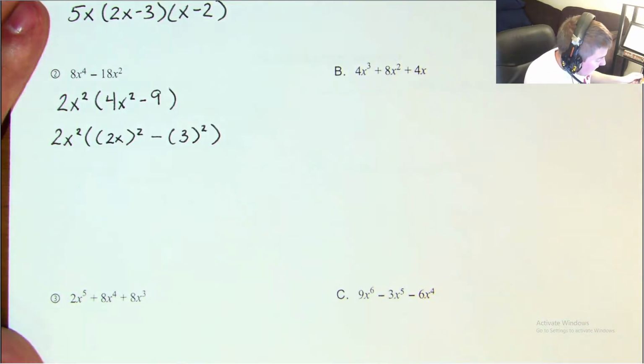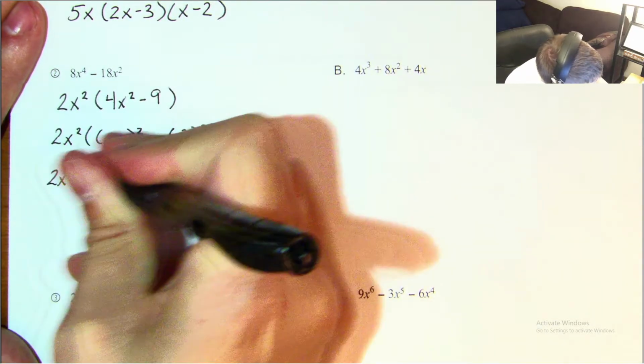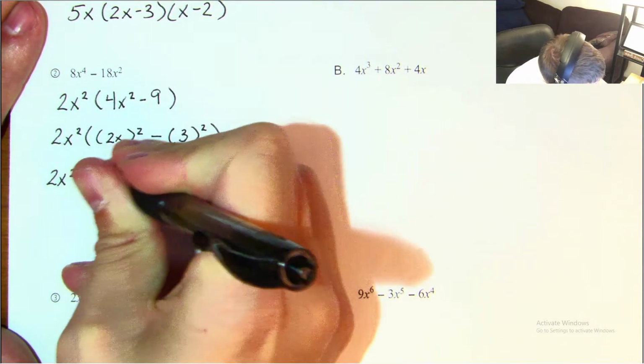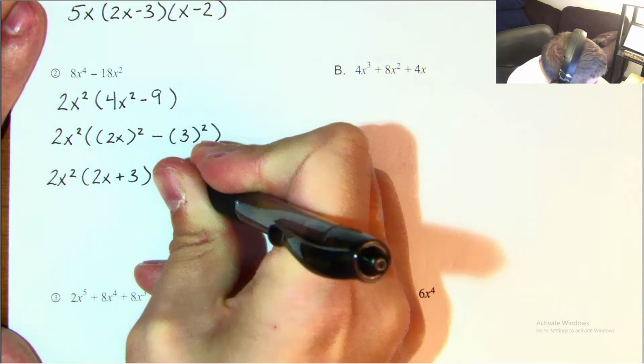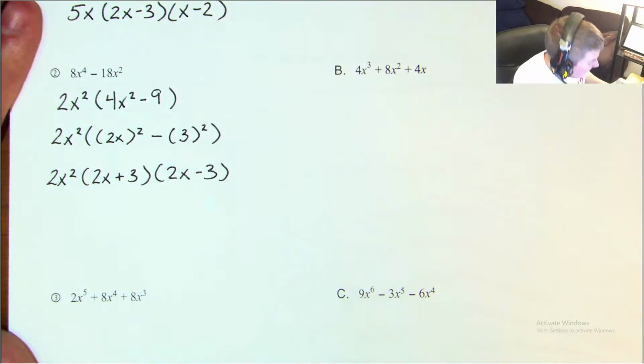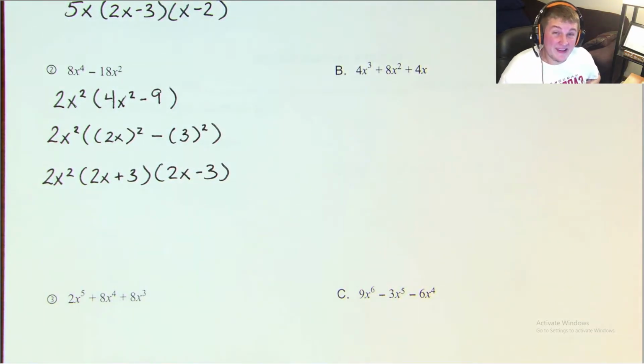So this factors into 2x squared times 2x plus 3 times 2x minus 3. There are two terms left over, but none of them are special patterns, meaning, again, we are done.